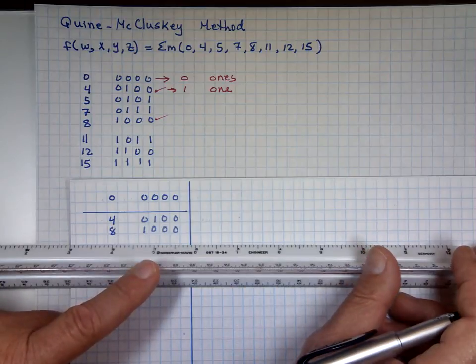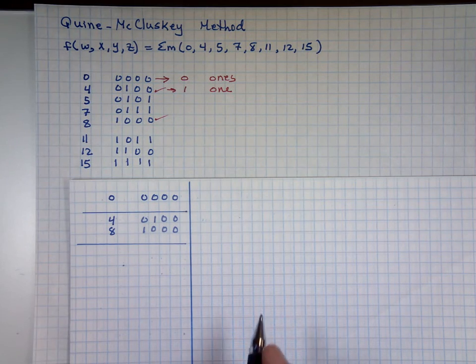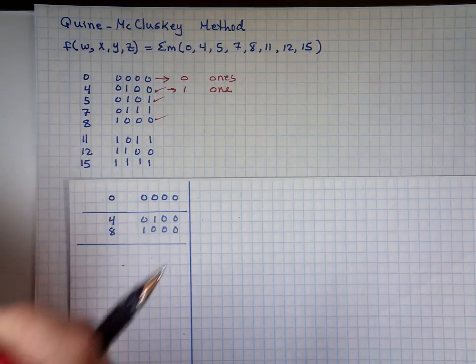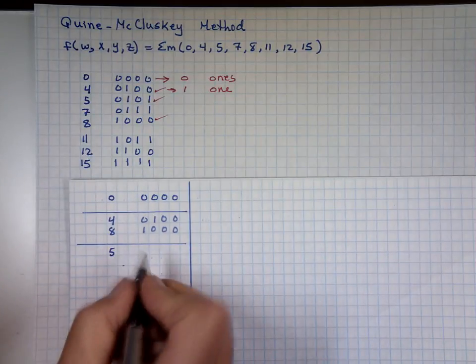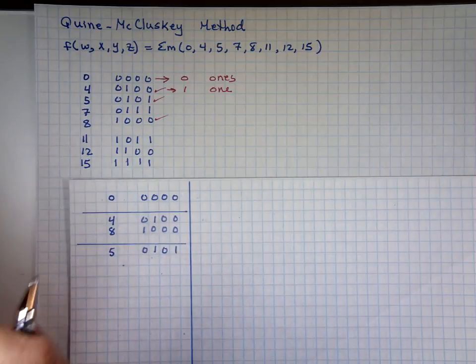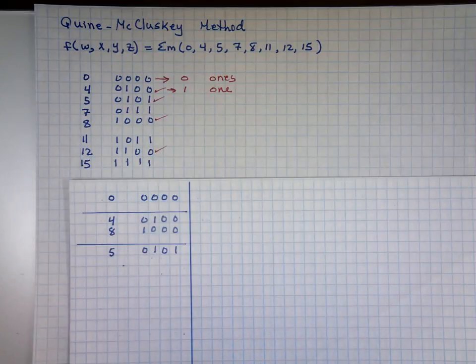The next group has how many ones? 2 ones. Let's see, what do we have? 2 ones? The 5? The 5, which is what? 0, 1, 0, 1. The 12, 1, 1, 0, 0.